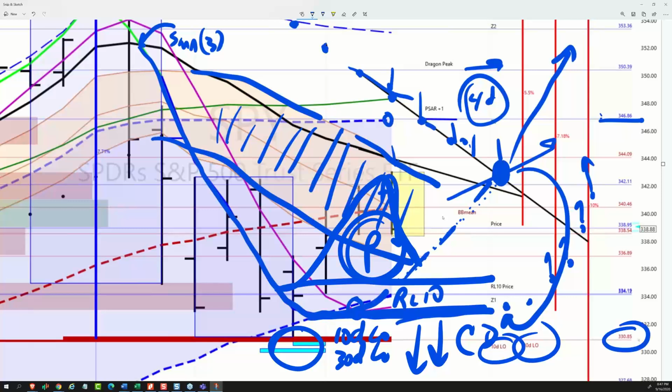Down here, call it 331. So if 331 gets breached, I'm sorry, that's 333 is the belly of the RL10, and 331 is the 10-day low. So if those two price levels breach, this thing is going to be a huge sell-off.